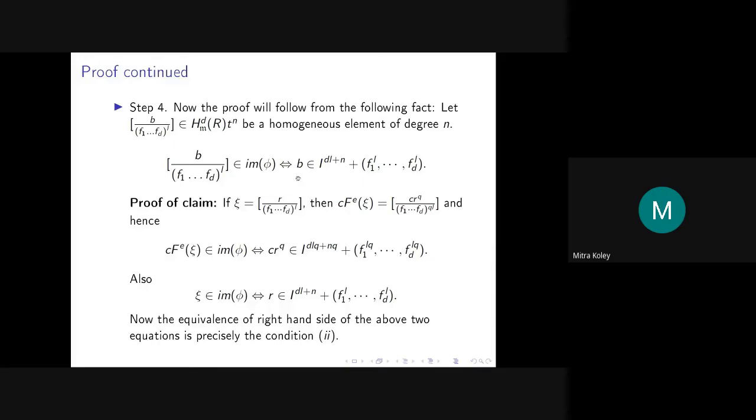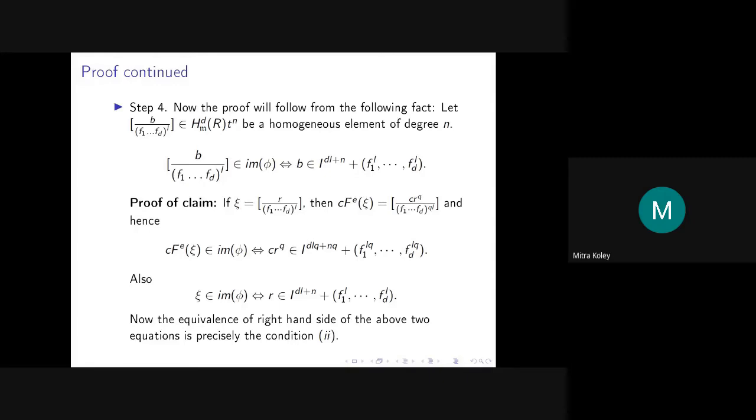Then using this condition, it says that c r^q is in the ideal (I^[q]) plus N^[q] plus (f1^q to fd^q). And because we want to show that c F^e(Xi) is in the image of phi if and only if Xi is in the image of phi, we want to see the equivalence of these two. Again, Xi is in the image of phi, again by this fact, if r is in the ideal (I^[l]) plus N plus the ideal generated by f1 to fd to the l.